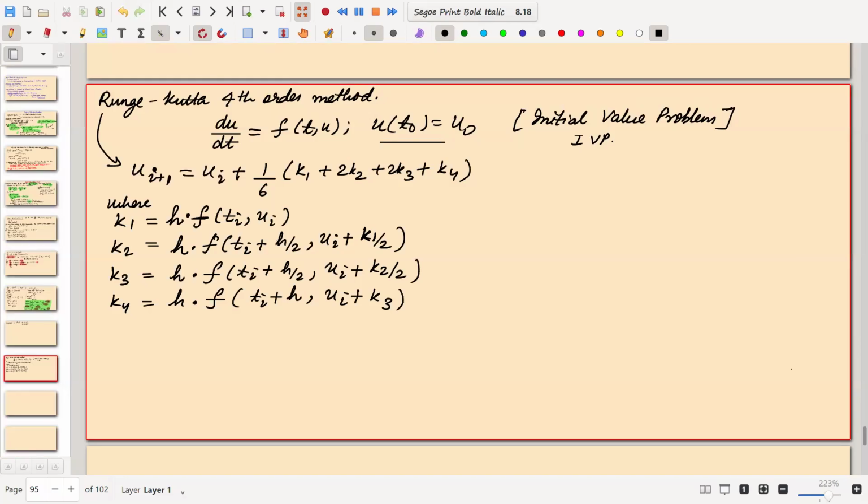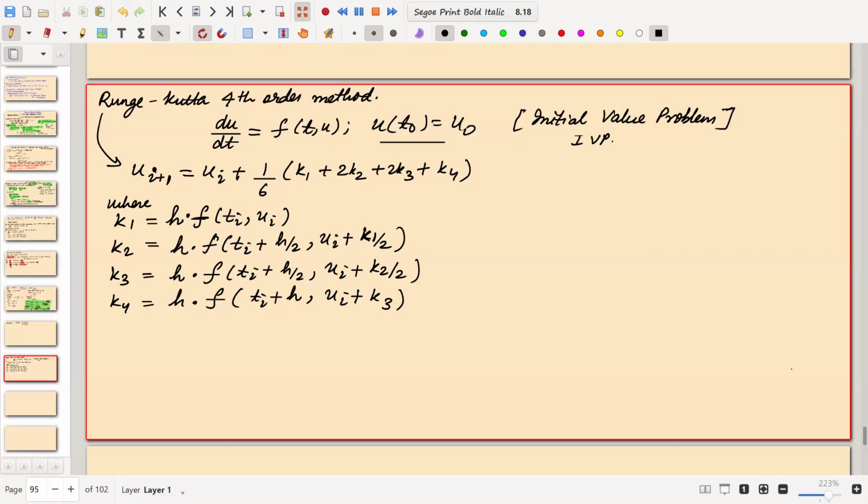We will solve the same problem I have given you for Euler. And at the next step, after solving with the Runge-Kutta method, we will compare with the exact solution. We will make a table of exact solution, Euler solution, Runge-Kutta solution, to make you aware which method is the best method.